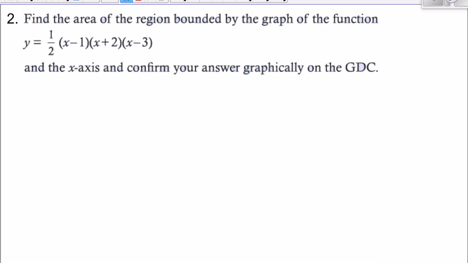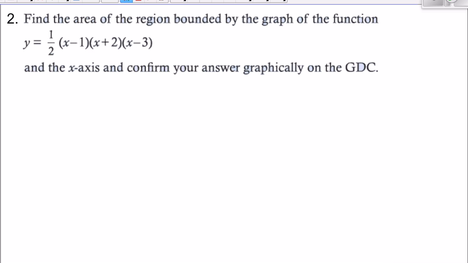So let's just try and sketch. What are the things that we need to know before we sketch this function? We need to know the zeros of this function. So we can say at y is equal to 0, or we can just say the x-intercepts.